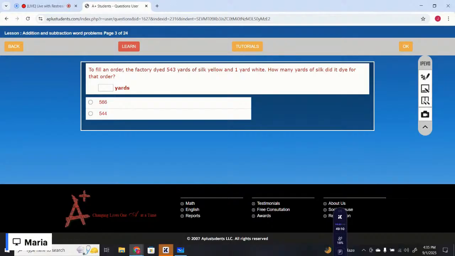To fill an order, the factory dyed 543 yards of silk, and 1 yard wide. How many yards of silk did it dye for that order?